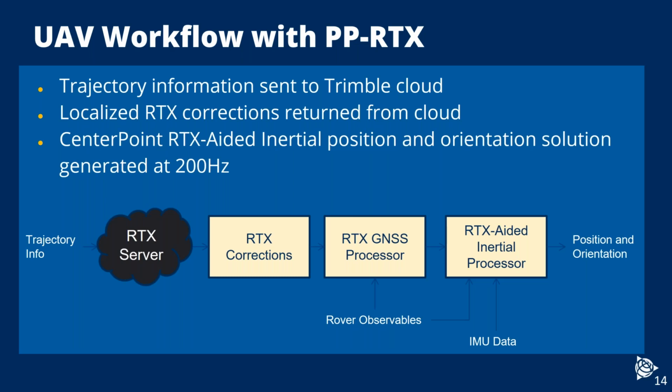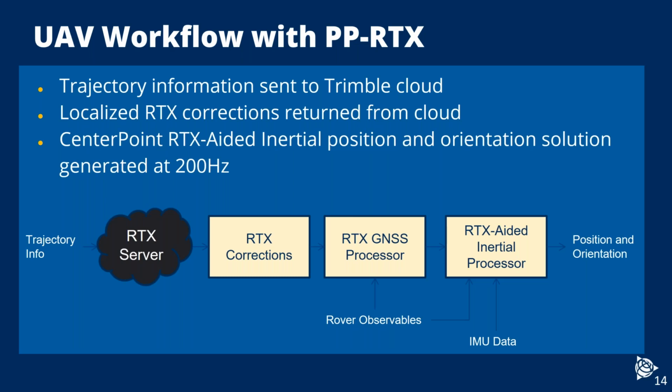Okay, so here's just a visual workflow for what was described in the last two slides. You would first load your trajectory info or APX files into POSPac, and then that would be uploaded to the RTX servers. POSPac would then download the RTX corrections and run the GNSS processor for these corrections, along with the APX's observables.